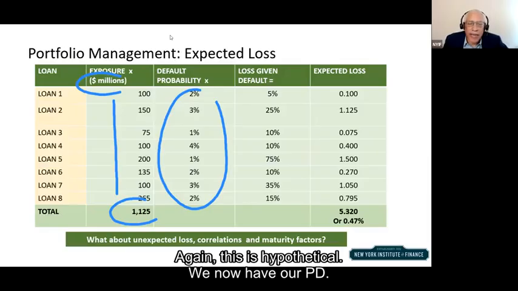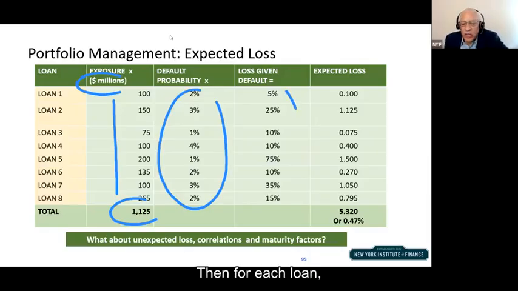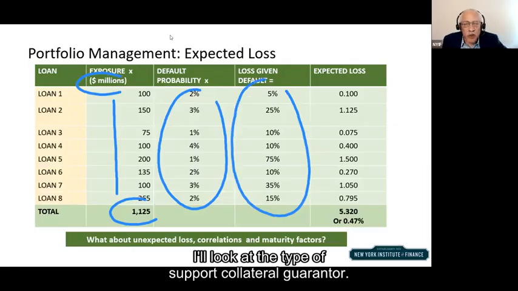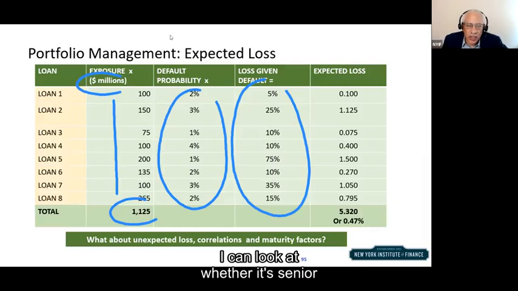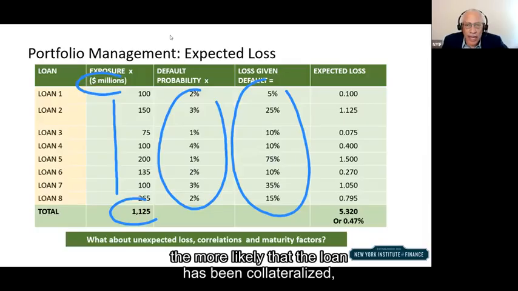We now have our PD. Then for each loan, I'll look at the type of support, collateral, guarantor. I can look at whether it's senior or junior, and I can calculate my LGD. The lower the LGD, the more likely that the loan has been collateralized.